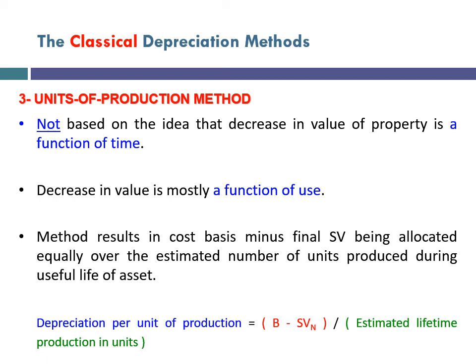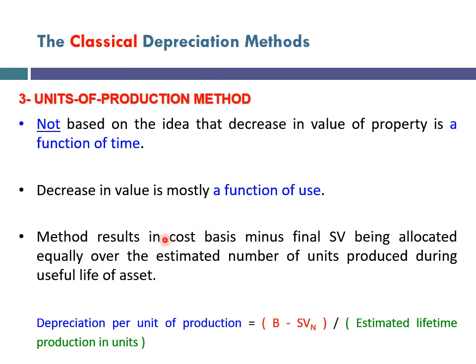Okay, they were functions of time. But the units of production method is not a function of time, but it is a function of use. As the name implies, we will think about how many units we produced, or if it's a car, how many kilometers we traveled with this car in order to calculate the depreciation amounts.